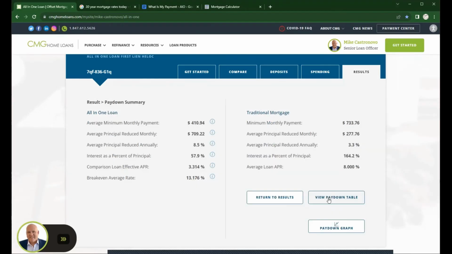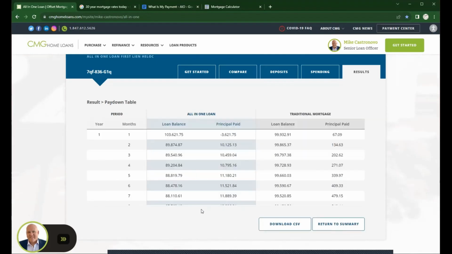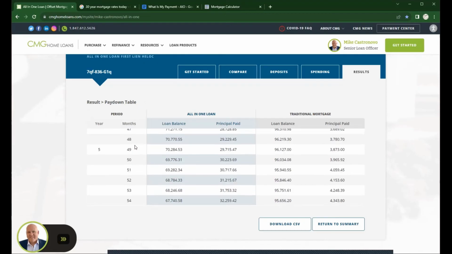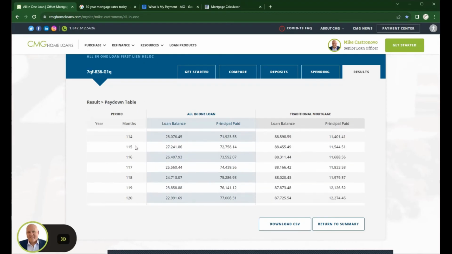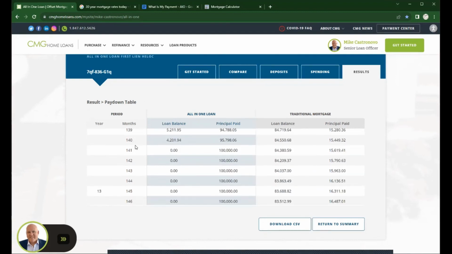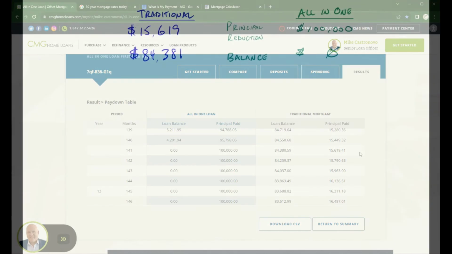So now let's look a step further. Let's look at the pay down table on this. So after 141 months, down to it here, you've got a zero balance on the all-in-one loan. You've paid back $100,000 versus you have an $84,000 balance on your traditional 30-year fixed mortgage at that lower rate, and you've only reduced your principal by $15,619.